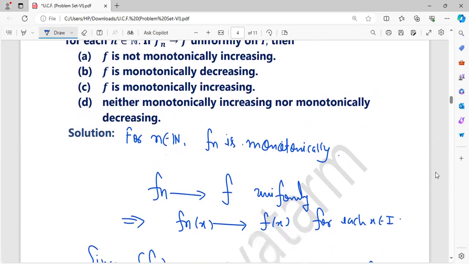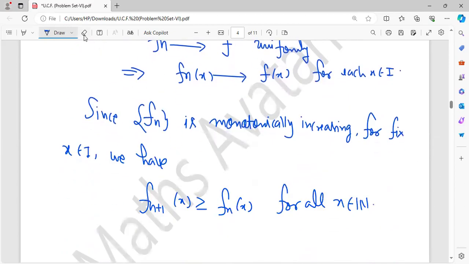So f_n is monotonically increasing. What does it mean?